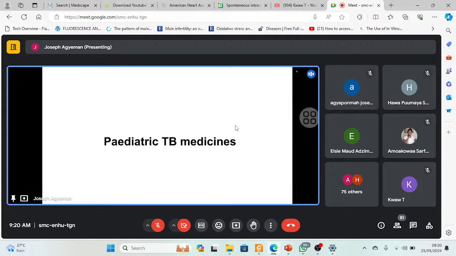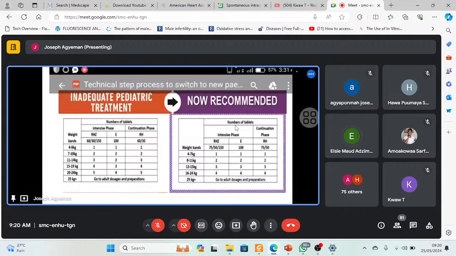When it comes to pediatric management, the most important thing is that previously there used to be regimens that contained relatively lower strengths or lower doses. And now, to prevent treatment failure and development of resistant strains, the doses have been upgraded.